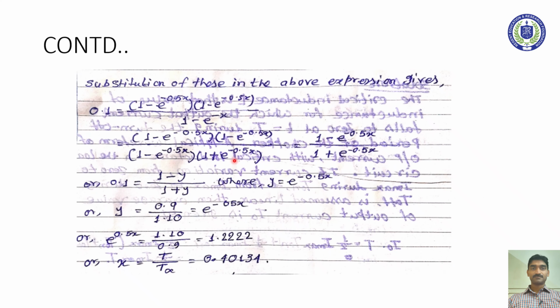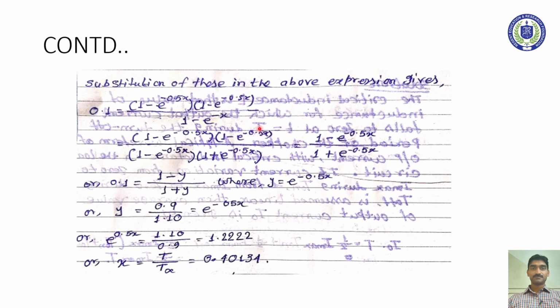Now, substituting this in the above expression, let's follow the steps of how it simplifies. 0.1 is equal to (1 minus e to the power 0.5x) and (1 minus e to the power minus 0.5x), so we have put down the value of alpha first, and 1 minus e to the power minus x.